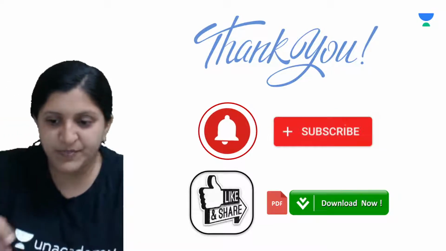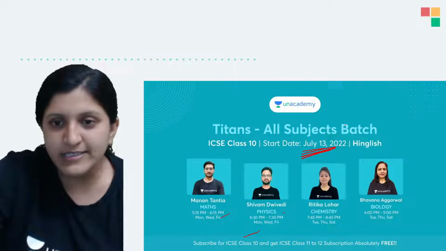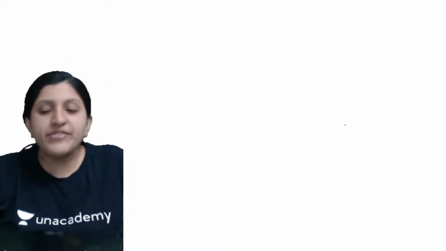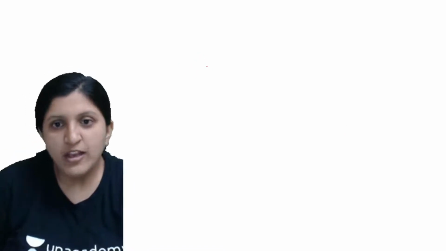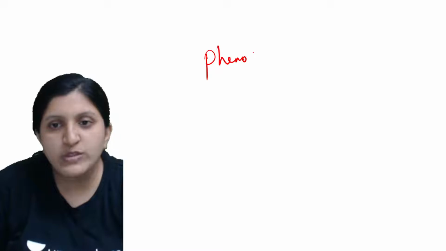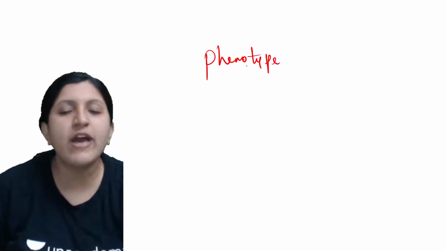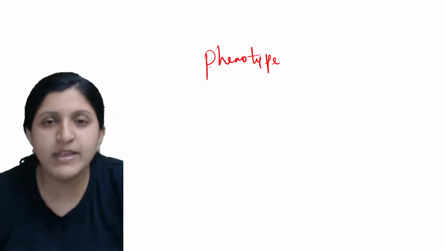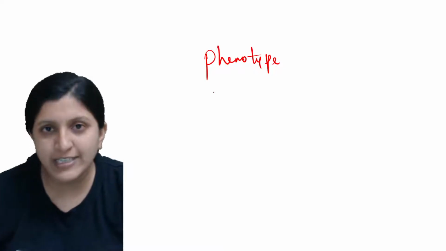So phenotype, okay, I'll explain it here. When we mention phenotype, it is basically a visible character. Phenotype is the visible character. Say you try to grow a plant in your garden.